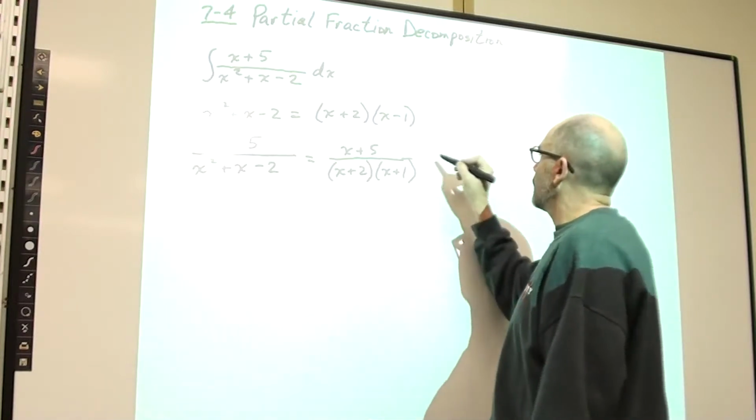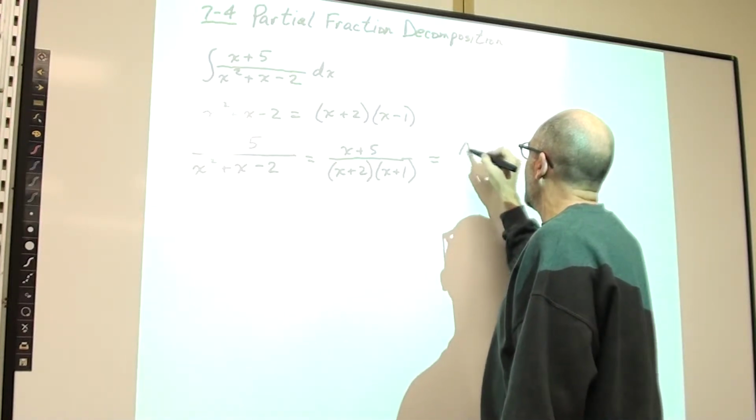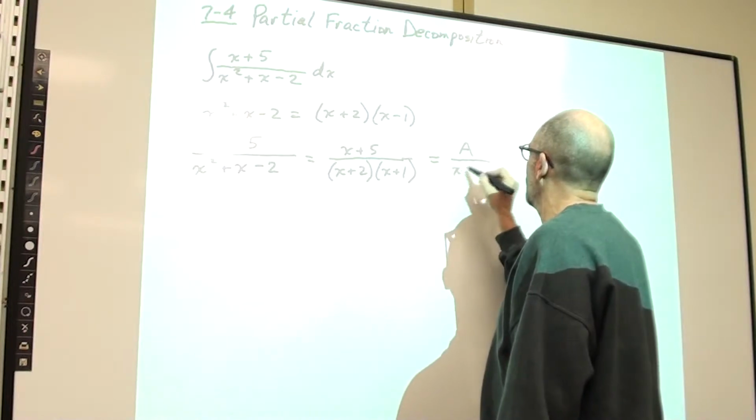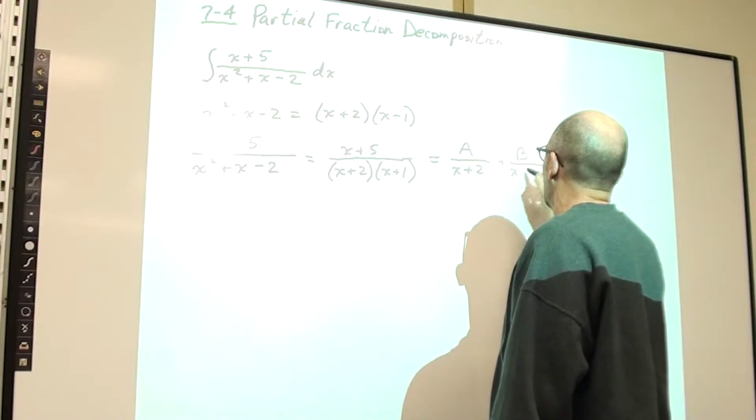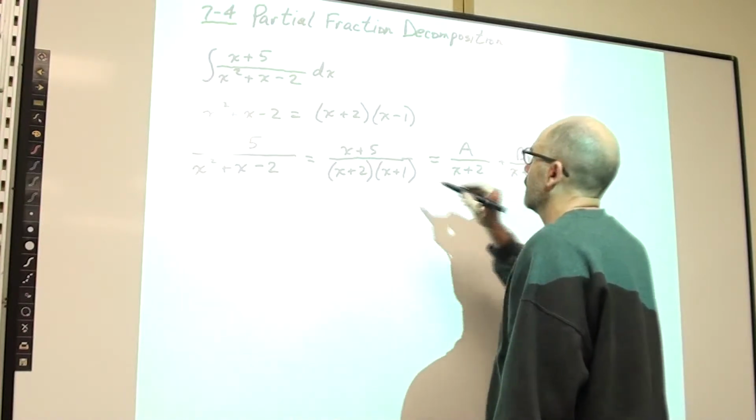And now we're going to let that equal a over x plus 2 plus b over x minus 1.